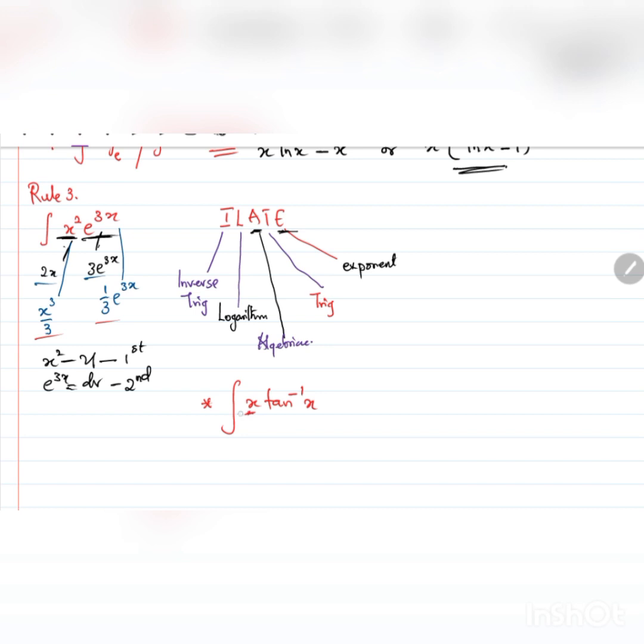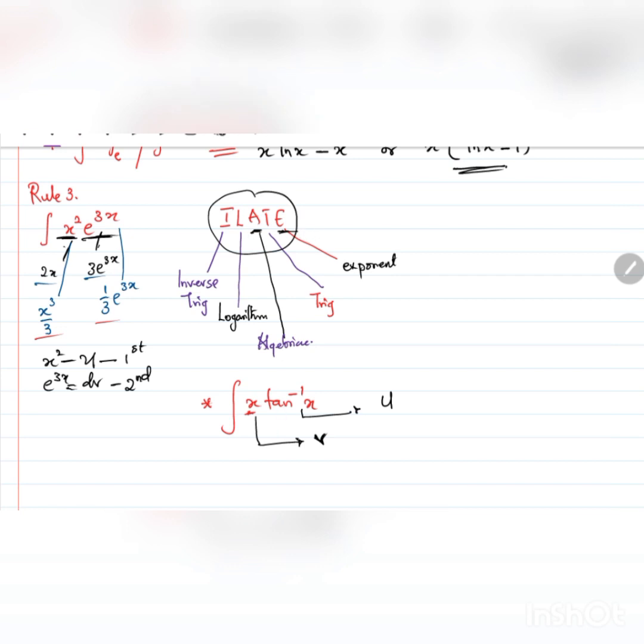The first rule says that if it is not easy to integrate, you make the one that is easy to integrate your v, and the one that is not easy to integrate your u. So from the first rule, arctan is your u, and x is your v. But the third rule says you make use of ILATE.